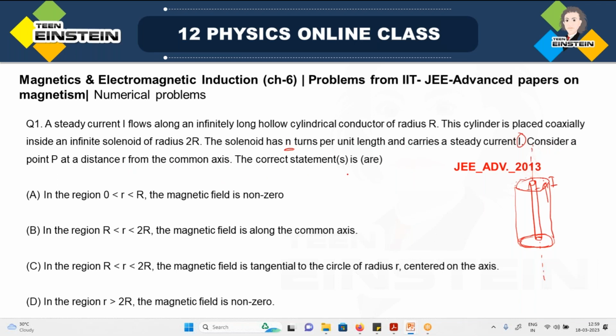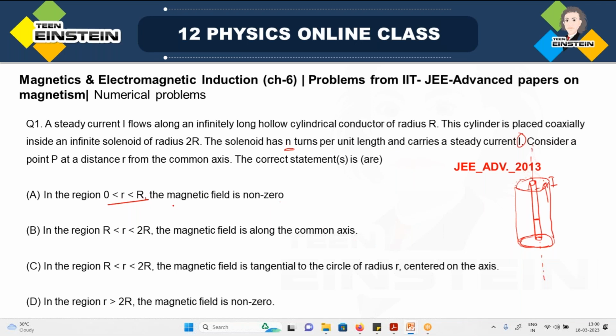The correct statement is or are. So here you have to find out which one is the correct option. So I'll read the options. In the region 0 to capital R, that means inside the conductor, the magnetic field is non-zero.